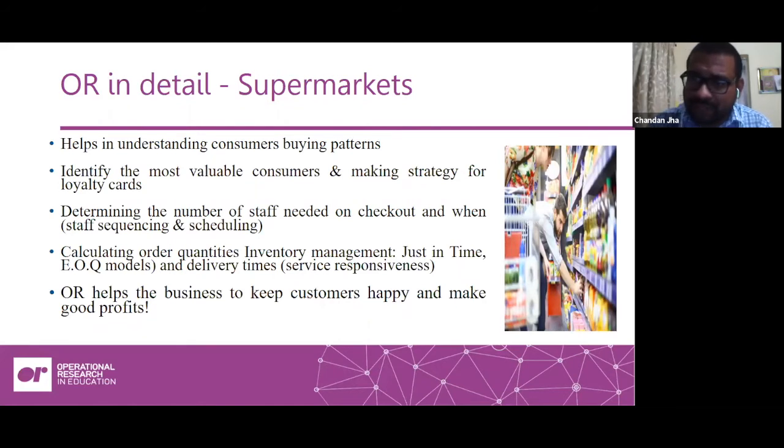Service responsiveness is related to how quickly, how fast you are able to provide the product, or we can say services, to your customers. However, efficiency is managing all your resources in an optimal manner so that we can focus on profit maximization or cost minimization.